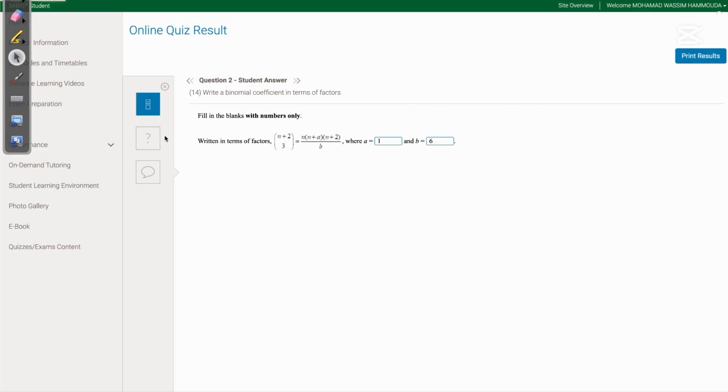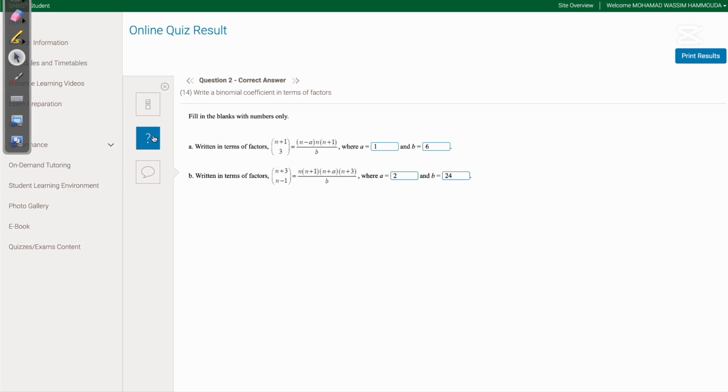Number 2. Written in terms of factors, (n+1)C3 is equal to. Again, we're gonna use the same rule.